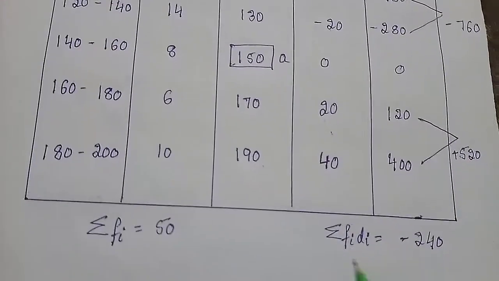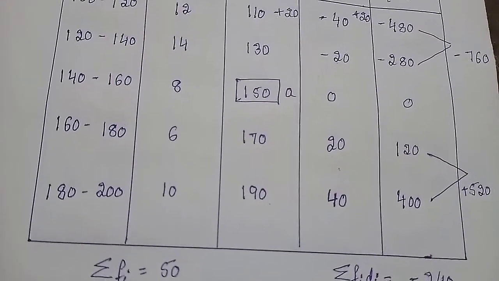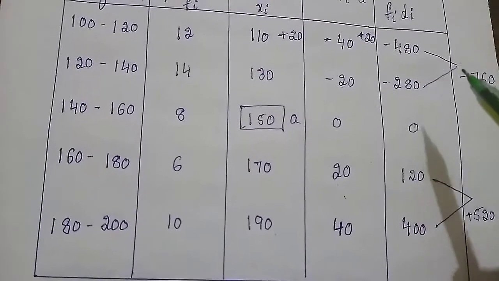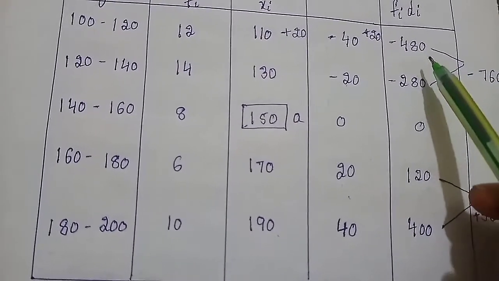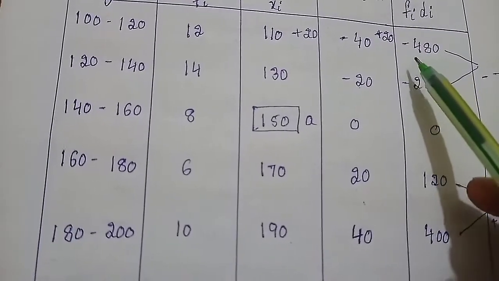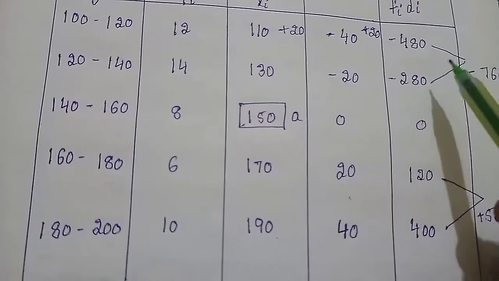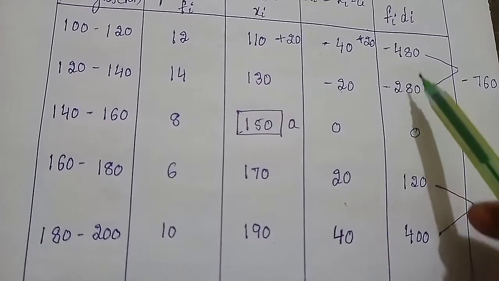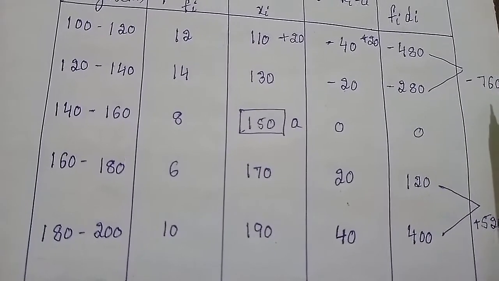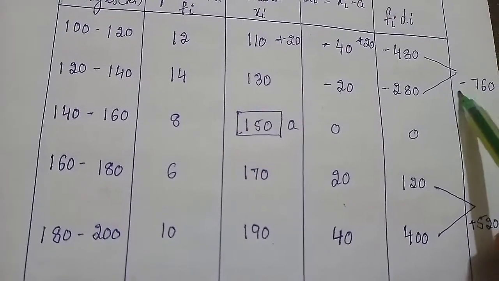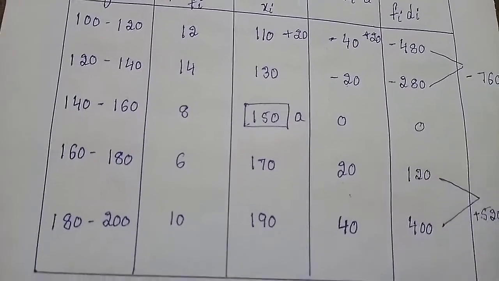Now you have to add this column, summation of fi di. While adding, be careful children. First you add the negatives. You know that when both the signs are same, you add. So 480 plus 280 is 760 with minus sign, because both numbers are negative.